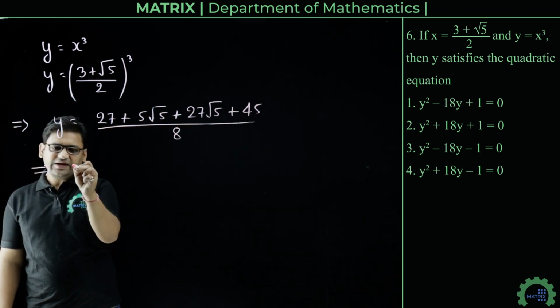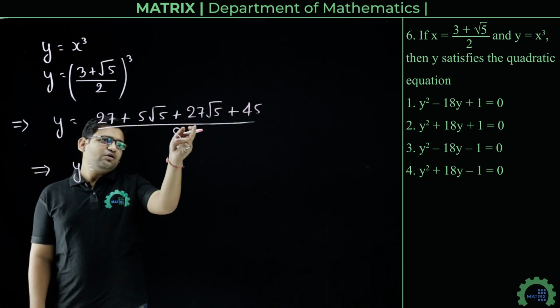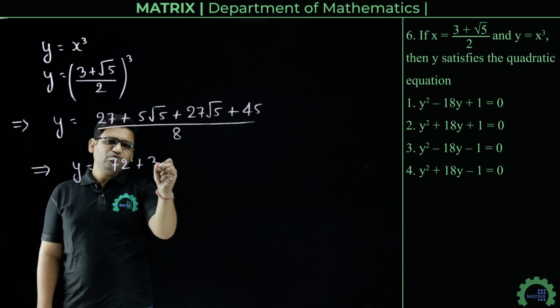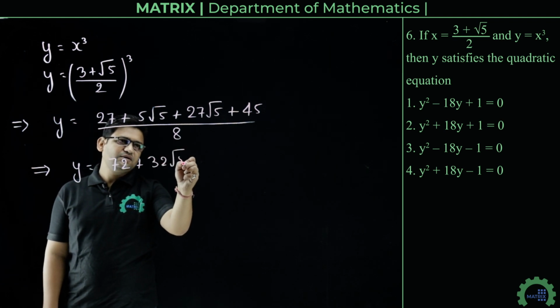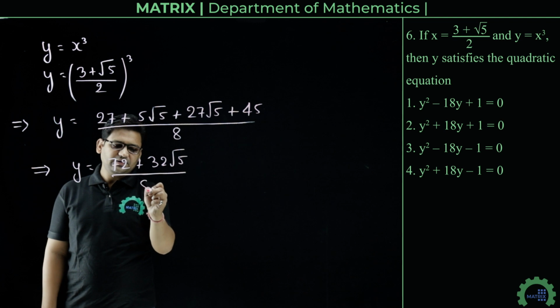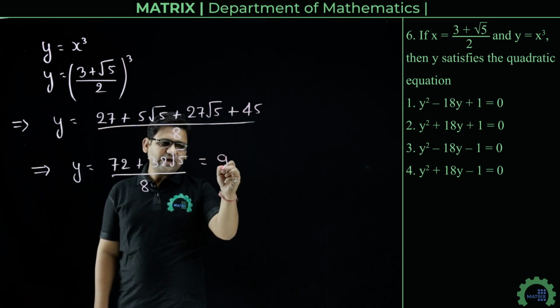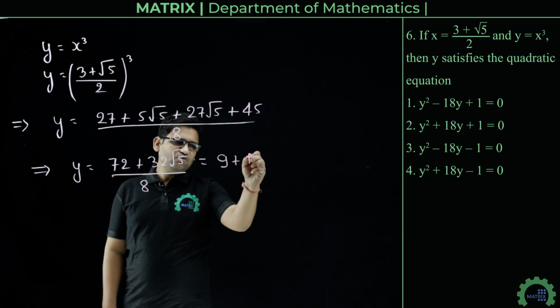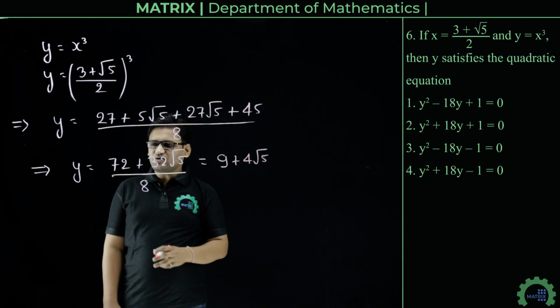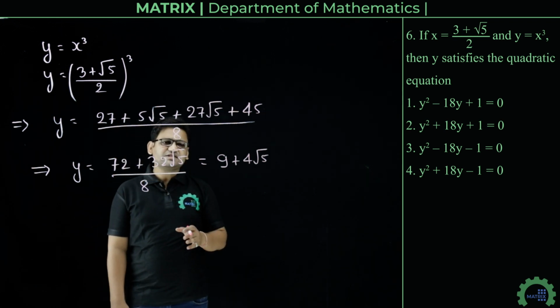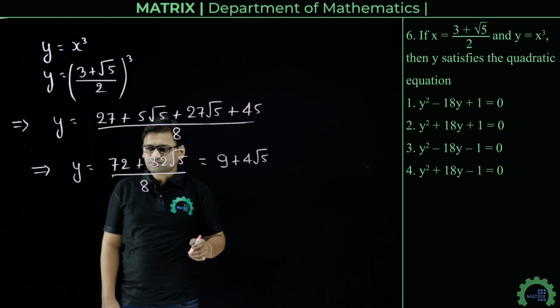So we get y equals 27 plus 45, 72, plus 32 root 5 divided by 8. So finally we get, 8 9s are 72, so 9 plus 4 root 5, that is y equals 9 plus 4 root 5, and we have to find the quadratic equation which satisfies this y.